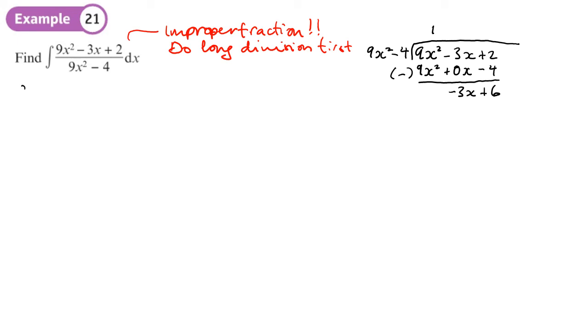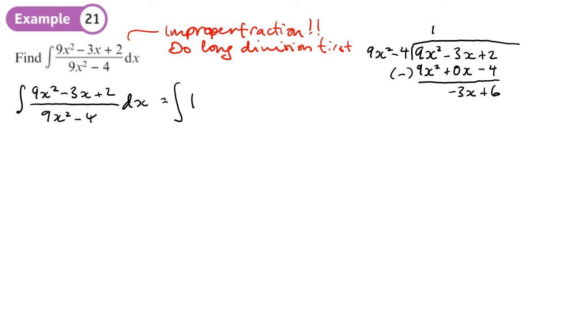Okay, so what have we got? This expression, 9x squared minus 3x plus 2 over 9x squared minus 4 dx, is actually equal to 1, the quotient, the whole number part, plus the remainder over the divisor. Now the remainder is negative 3x plus 6.